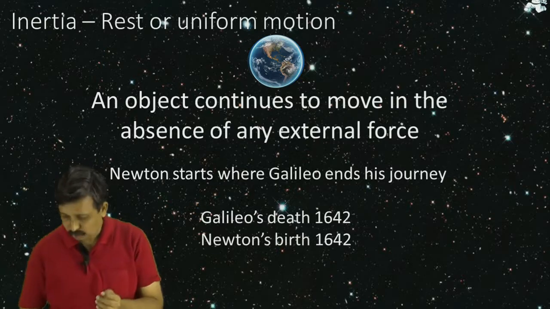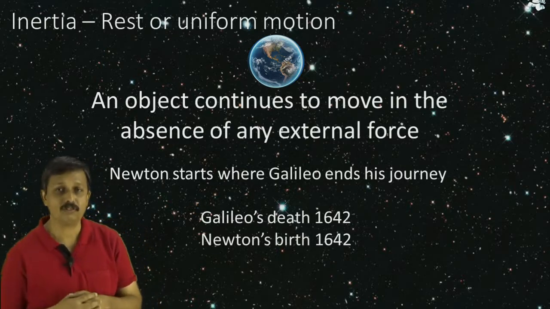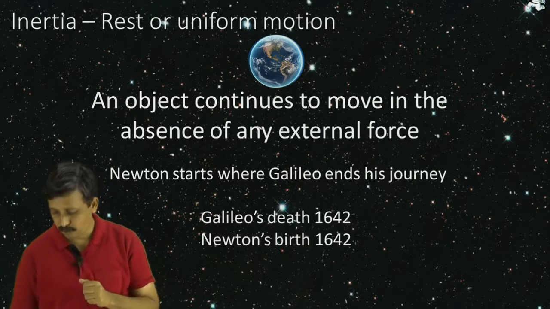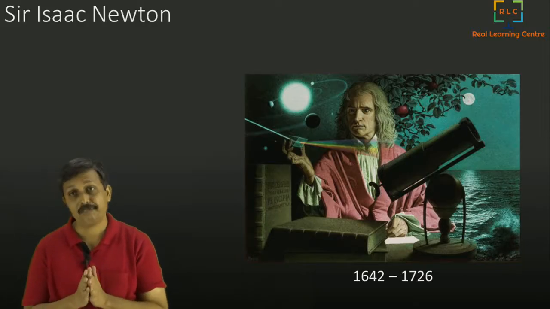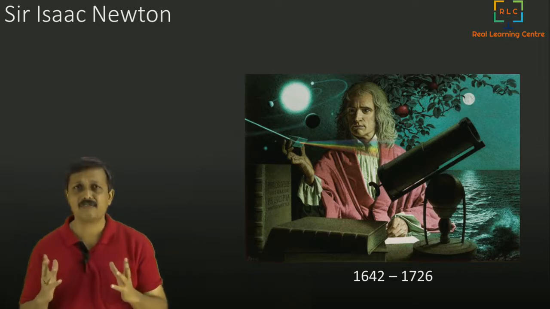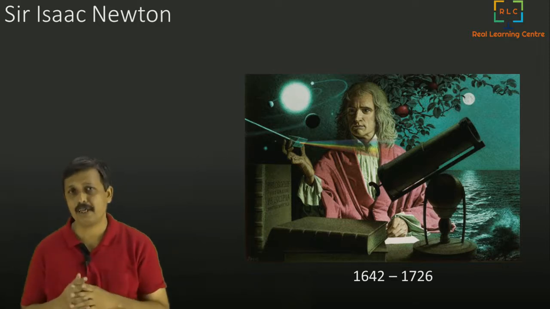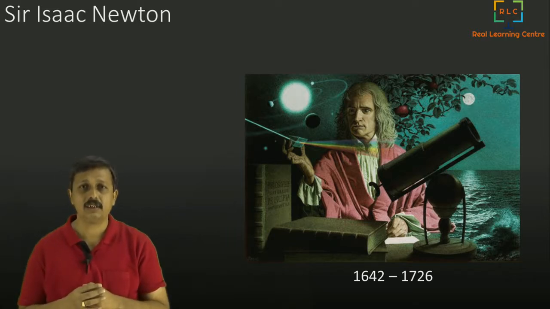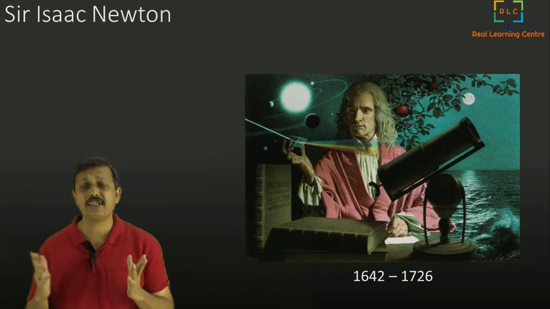So who is this Newton? What did he do? We will just get a glimpse of that before we move on to understanding his first law. Sir Isaac Newton was one of the greatest physicists and scientists ever produced. He worked in many different areas.